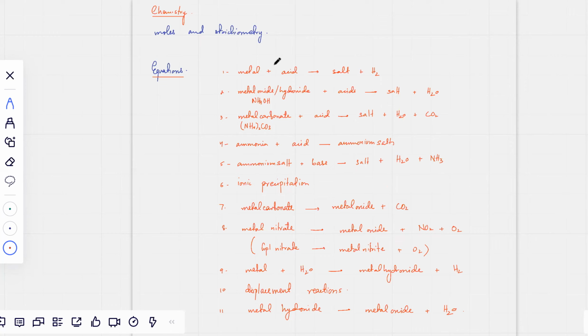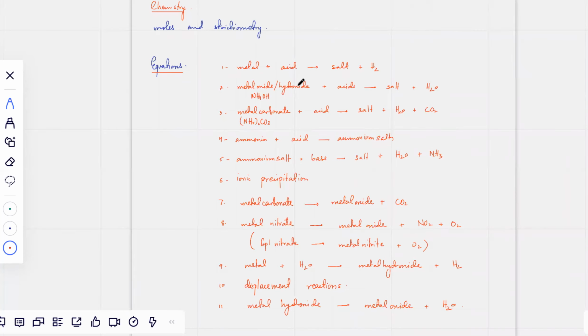If you don't know how that equation is balanced, or what the products are, you need to know these reactions at all costs, because they usually do come in every question. And if you don't know what the reaction is, you won't be able to do the rest of the question and all the other parts as well.